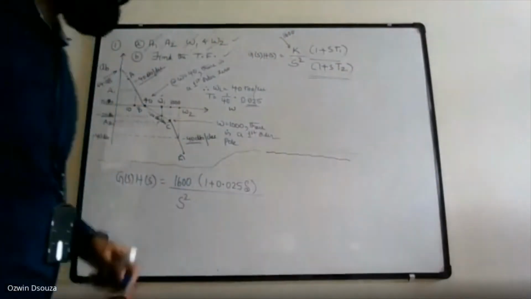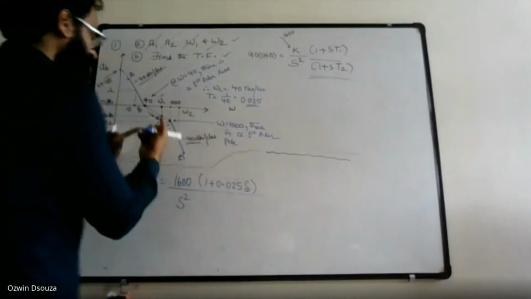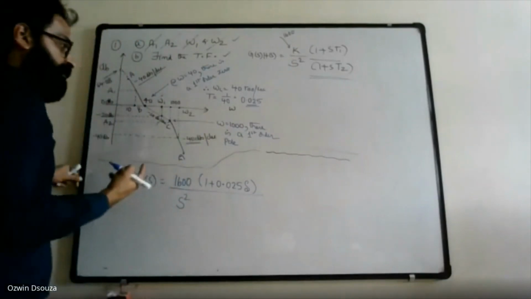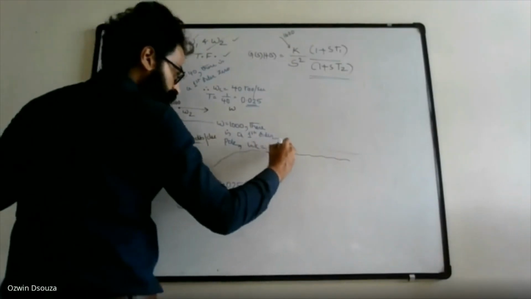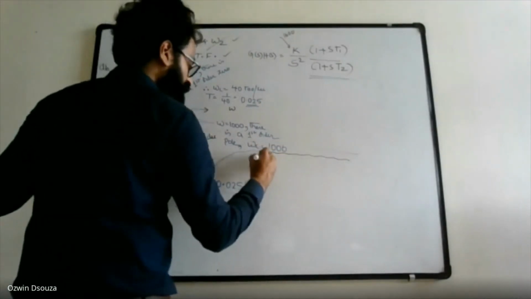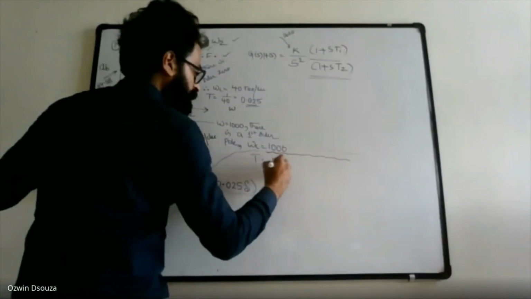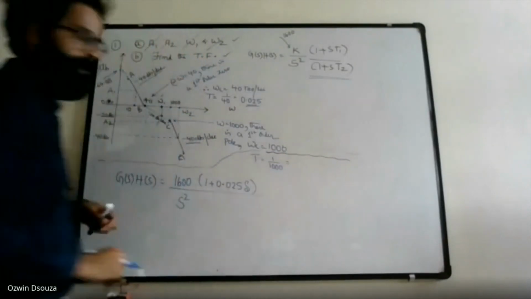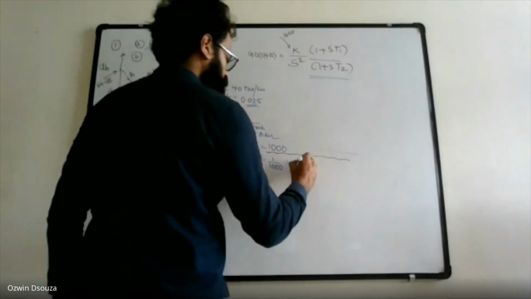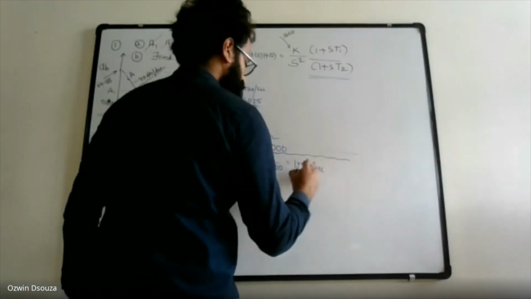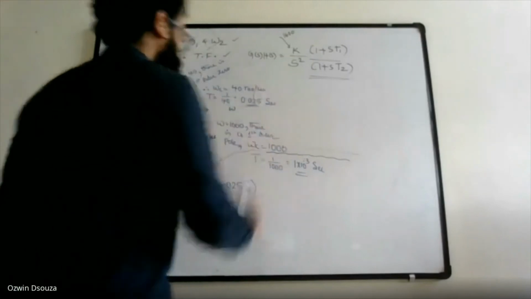So when you say first order pole, you need to find out the corner frequency as well as the time constant, right? The corner frequency is pretty straightforward. Corner frequency is 1000 itself, and that will give you the time constant T as 1 by 1000, that is 10 to the power minus 3. The unit is second, the time constant.